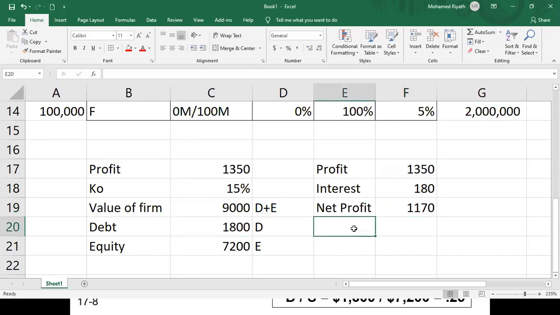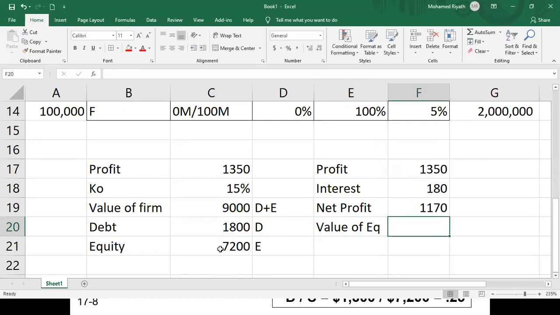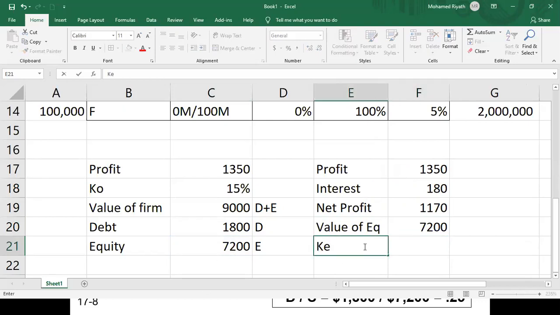Then how much is the value of equity? Value of equity equals 7,200. So what is KE?